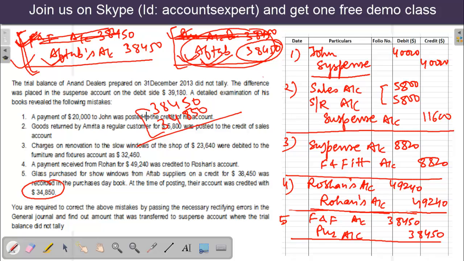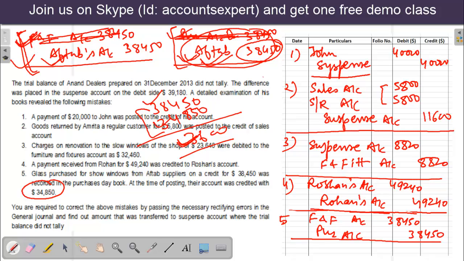So under credited, less amount credited, how much? 3,600. Aftab's account was under credited. We were to credit with this much amount, but in the ledger we credited Aftab's account with only this much amount. So we credited Aftab's account 3,600 less.